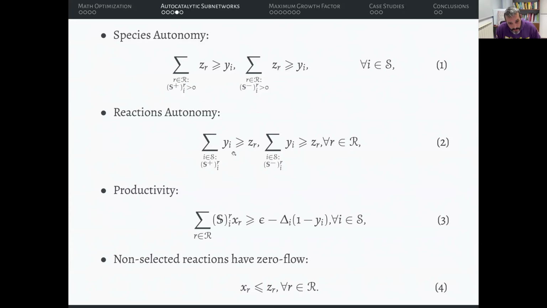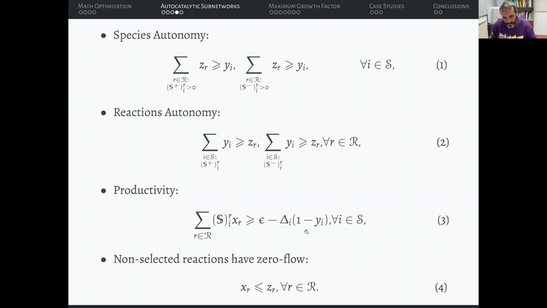And the productivity, which is that for each of the species in the autocatalytic set, with the flow that we choose, there is a positive production of these species, can be written in this way. It's similar, but in case the Y variable is 1, it means that the autocatalytic species is selected.